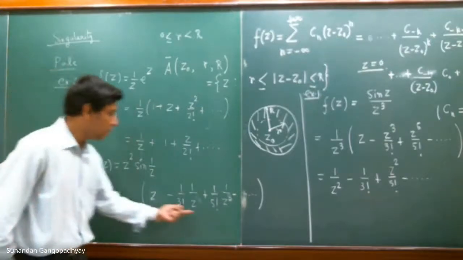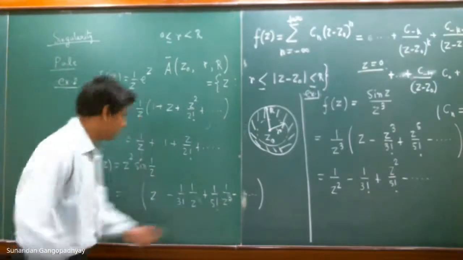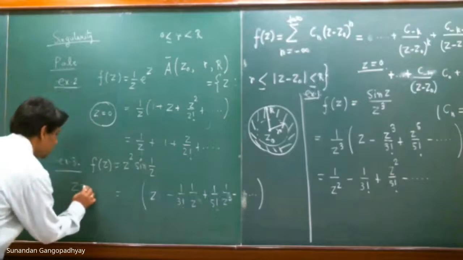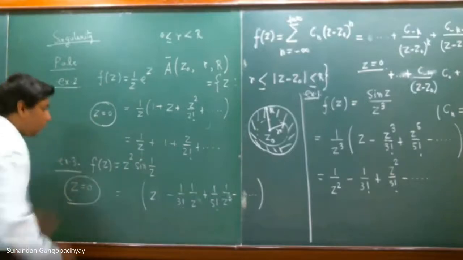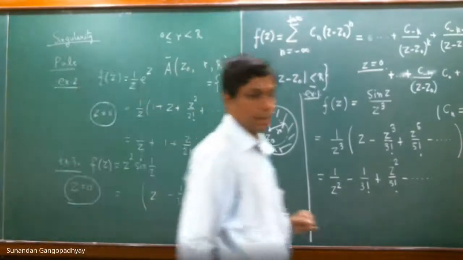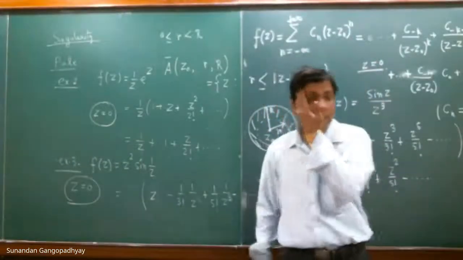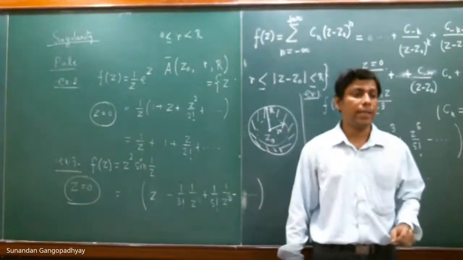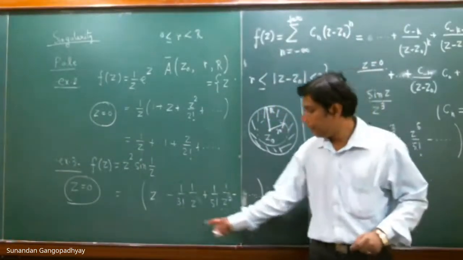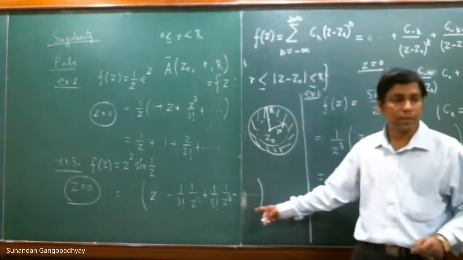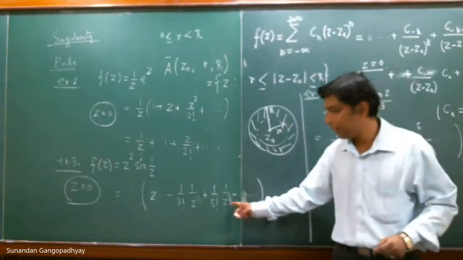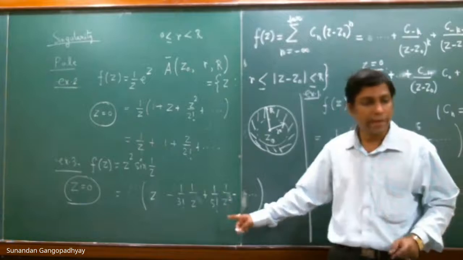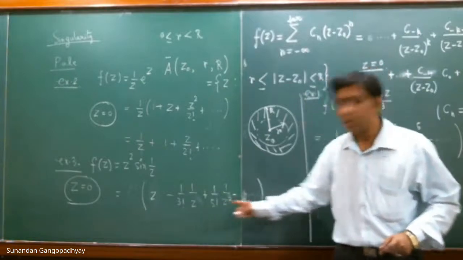And the singularity is obviously at z is equal to 0. So once again, the singularity is at z is equal to 0. But what kind of a singularity is this? This singularity is an essential singularity at z is equal to 0. Why? Because all the negative powers of z exist.